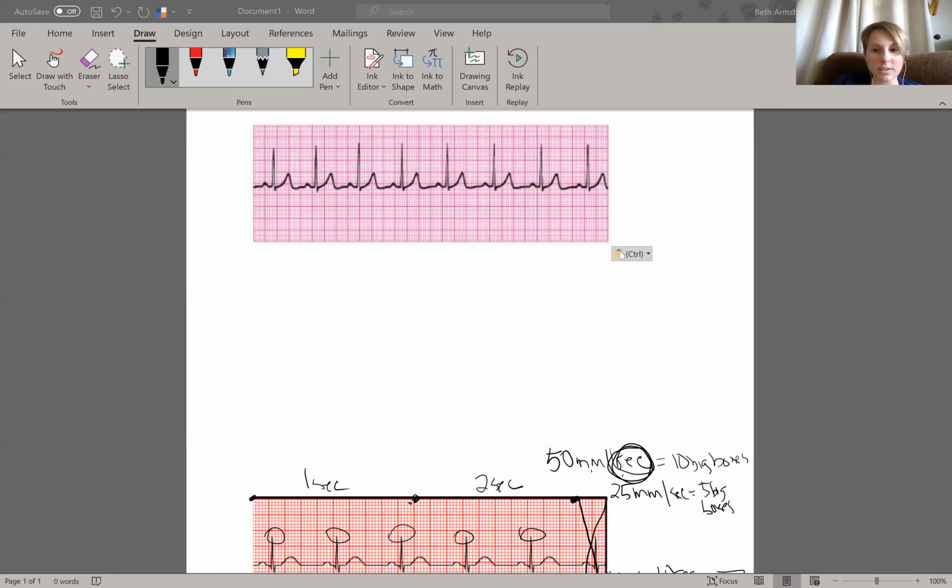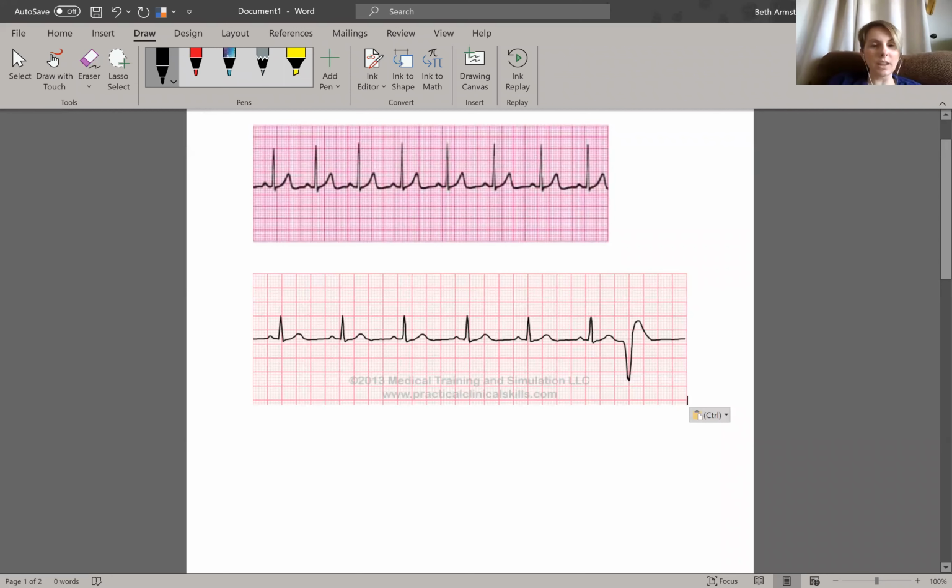There's a huge difference in what a VPC looks like compared to just having your QRS complex fall below the axis. A lot of times, especially in cats, you'll notice that theirs will fall below the axis, and people will say, oh my gosh, they are having VPCs, and that's not the case.